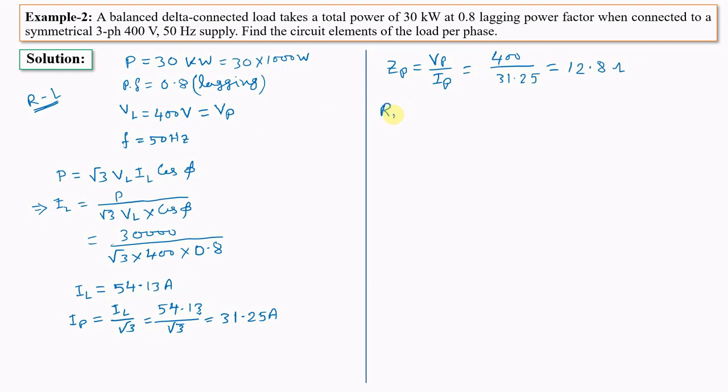Now from the impedance triangle, the resistance per phase can be written as Z phase cos phi. So it will be 12.8 into cos phi, that is 0.8. So the resistance here will be 10.24 ohms.